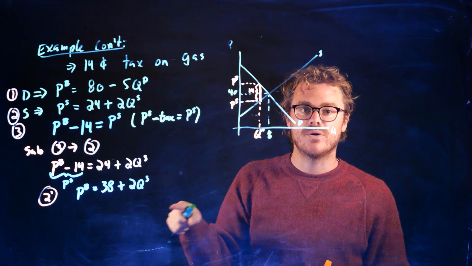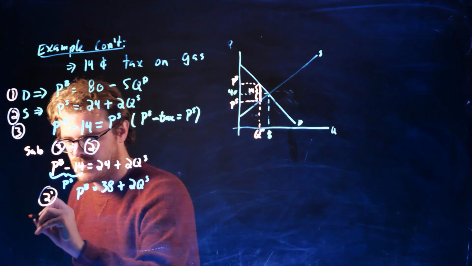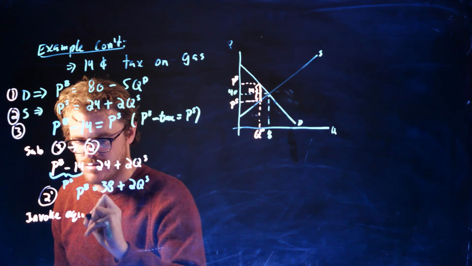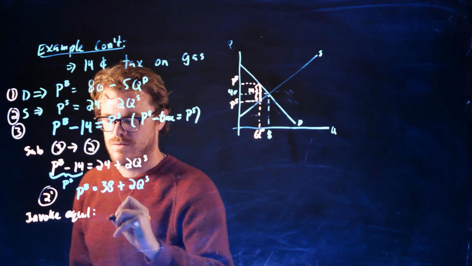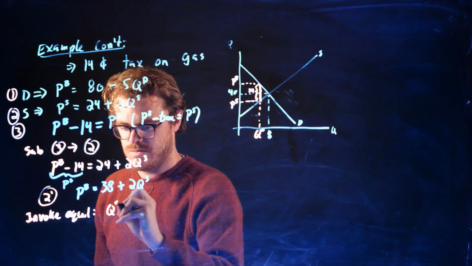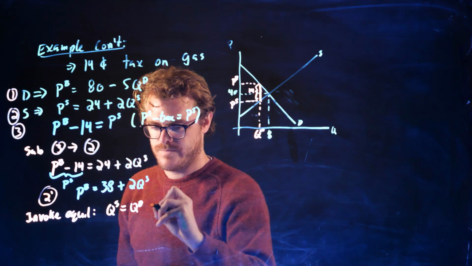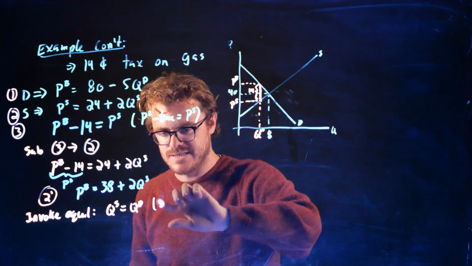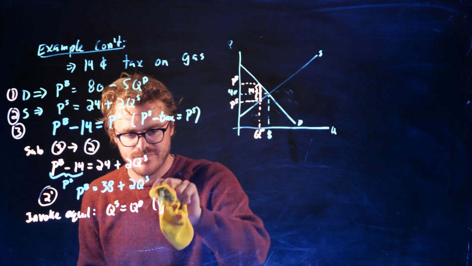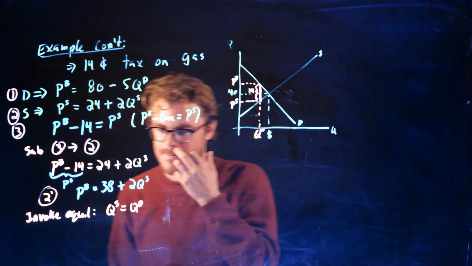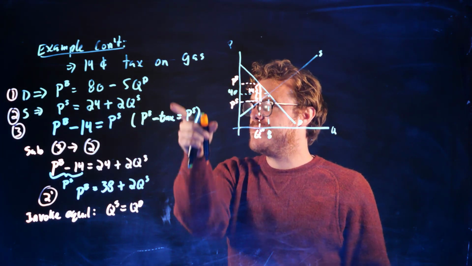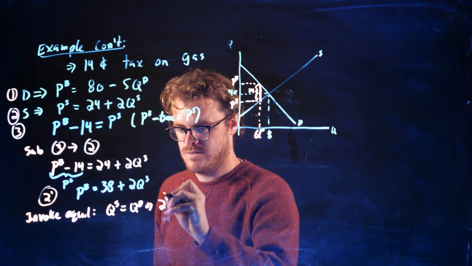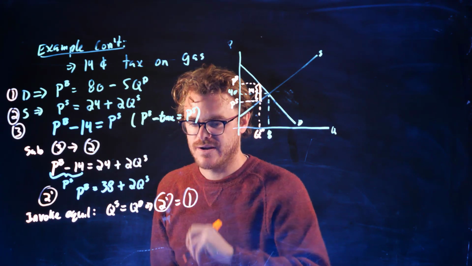And now we can invoke equilibrium. So the supply curve equals the demand curve is all I'm trying to say here. We can invoke equilibrium by setting 2 prime equal to that first equation.